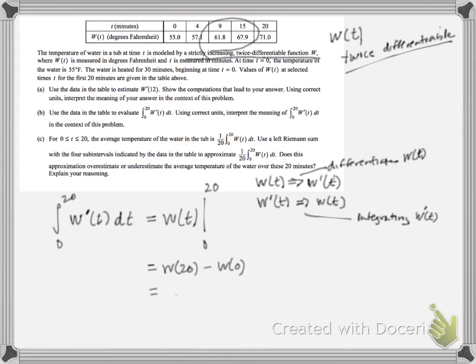I have this in the table because my function is W of t, which is a twice differentiable function. So W of 20 would be 71 minus W of 0, which is 55, and that gives me just 16. And when I integrate, I should get degrees Fahrenheit.